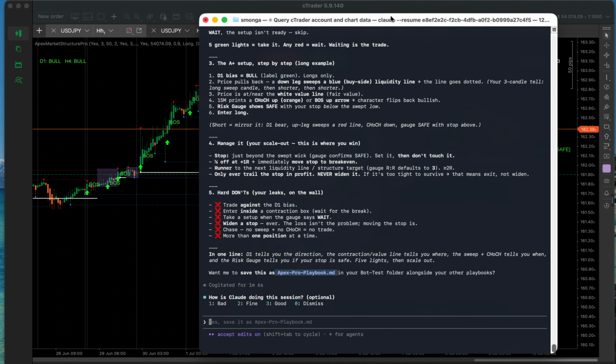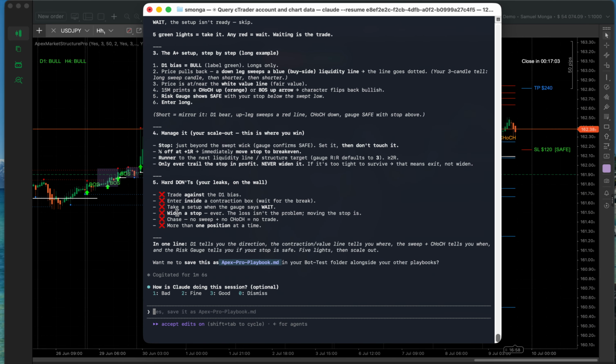You can see he's very strict because he understood that this is not tradable by me asking him to give me a playbook on how to trade. It's just as if I want to force something. Trading cannot be forced. You have to let the price come to you and not run to the price.